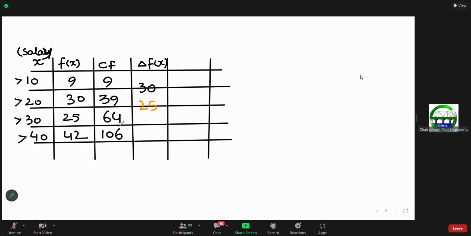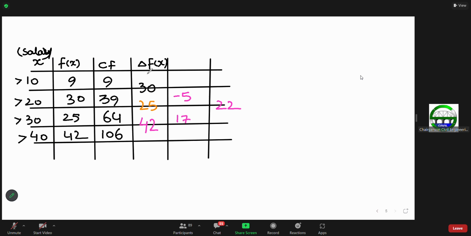106 minus 64 is equal to 42. And now difference, 25 minus this one is equal to minus 5. 42 minus this one is equal to what? 42 minus 25, 17. 17 minus, and it will be plus, so it will be 22.